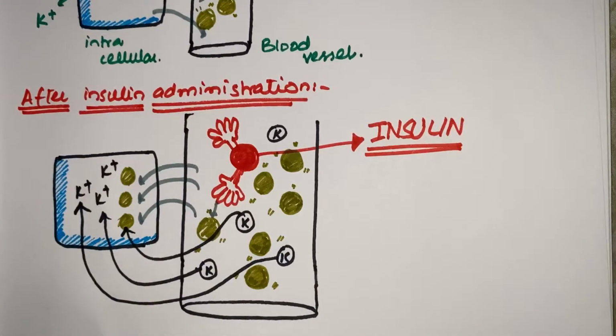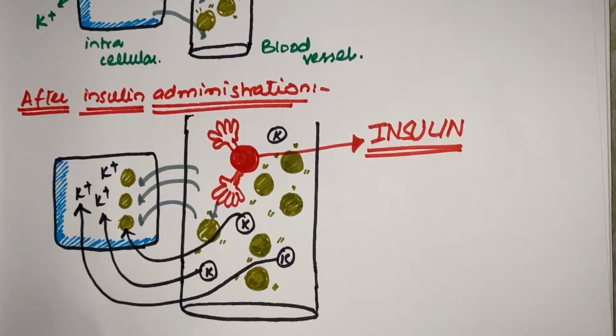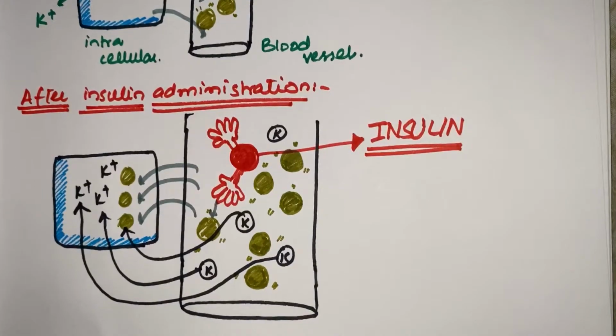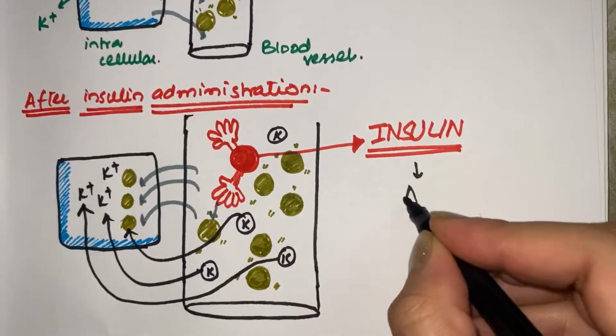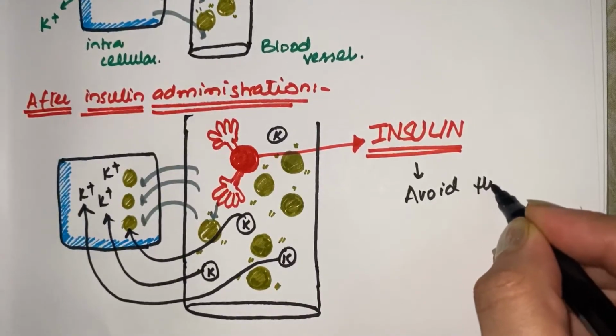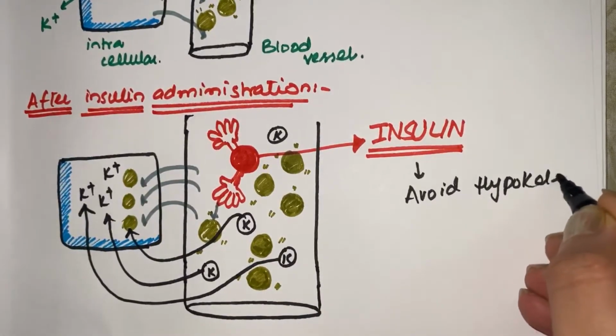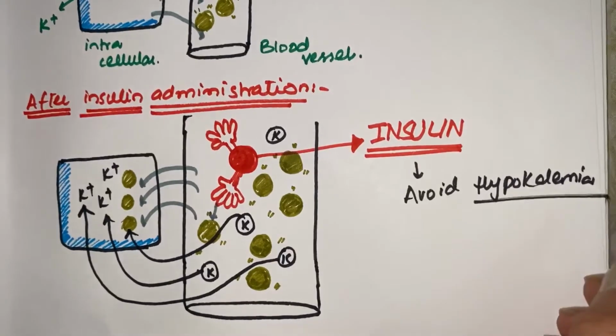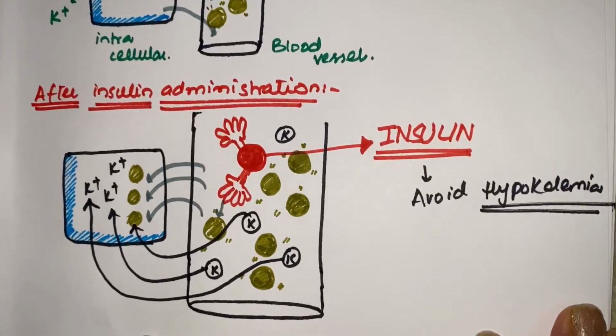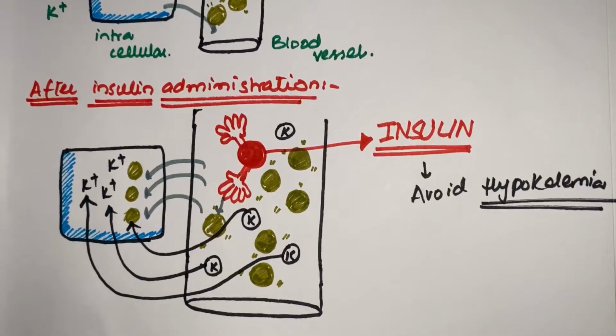Now we have to take care that if we are giving insulin to the patient, we manage the dose of the insulin to avoid hypokalemia developing, because of course it is also not good and it is life threatening. It can cause very serious damage to the body.